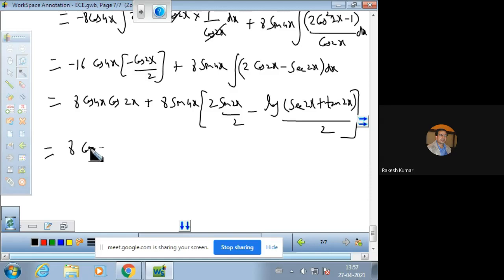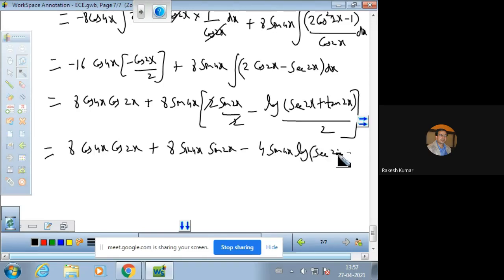So 8 cos of 4x into cos of 2x plus this can be taken together. So 8 sine 4x into sine 2x, and this can be written here minus 4 sine 4x into log of secant 2x plus tangent 2x.